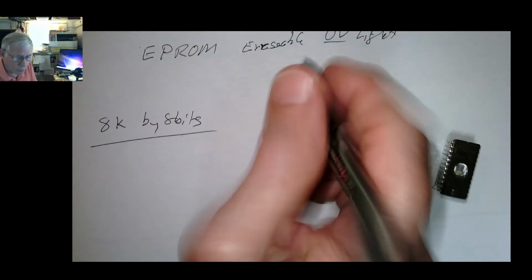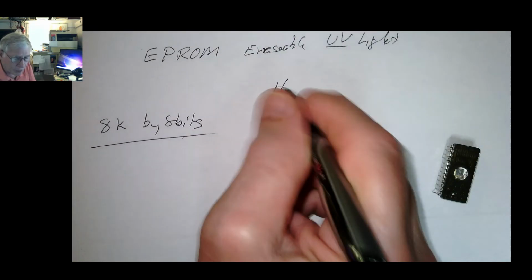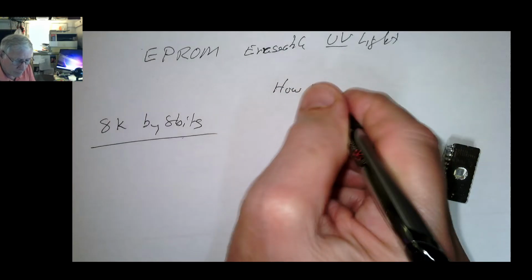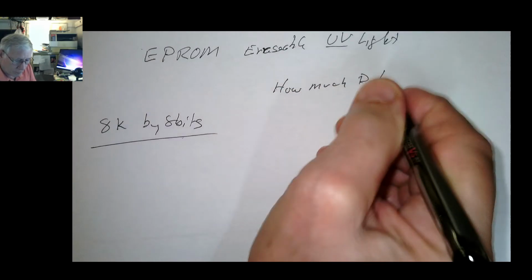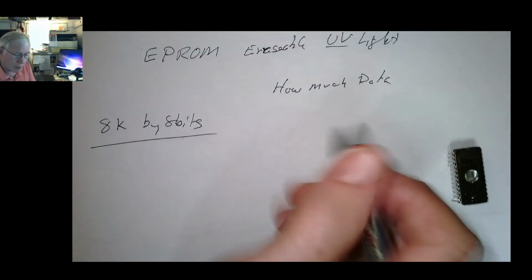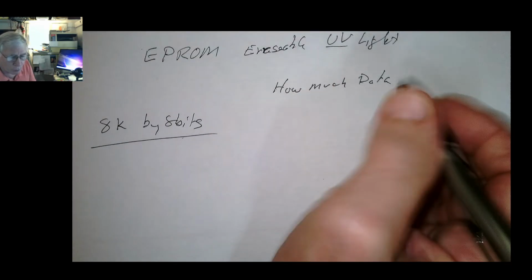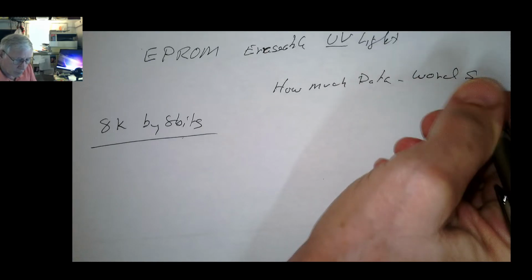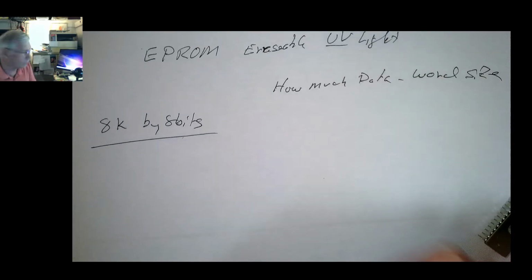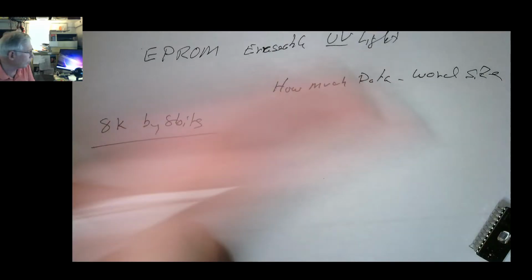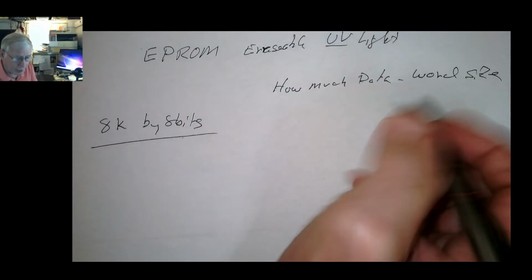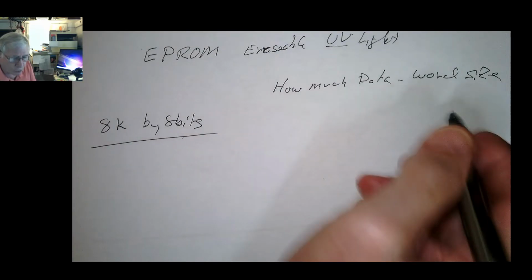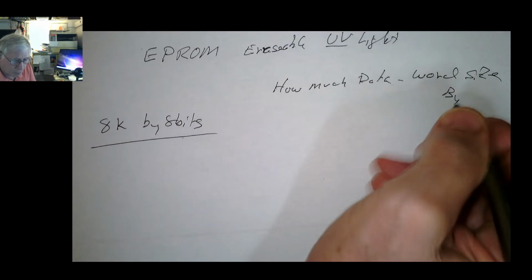How do we size these things? Well, first off, we want to know how much data can it hold. And we usually talk about the word size. So for any given ROM, the word size is the number of output columns. The one I showed you on the other sheet had 8 outputs, so the word size was a byte, or 8 bits.